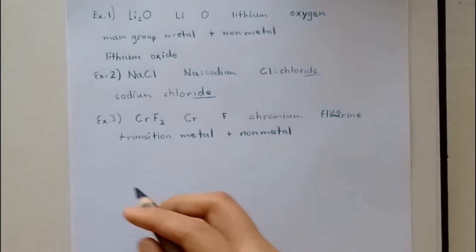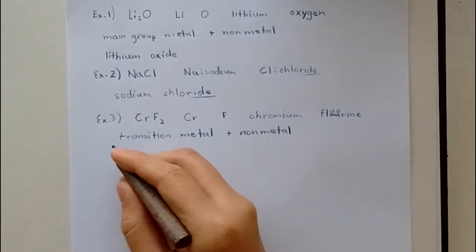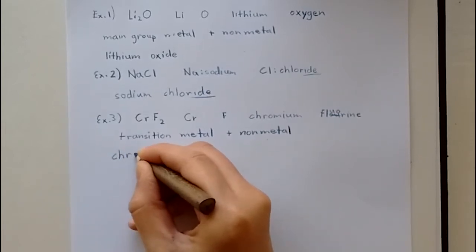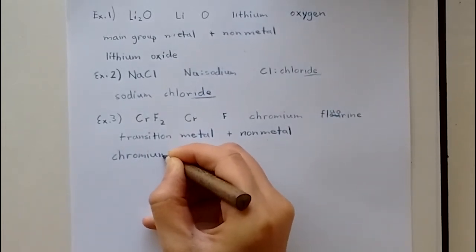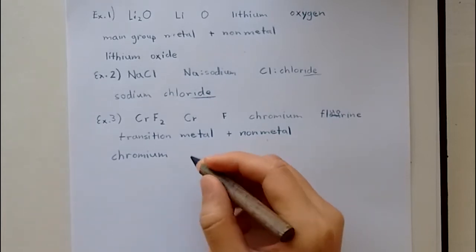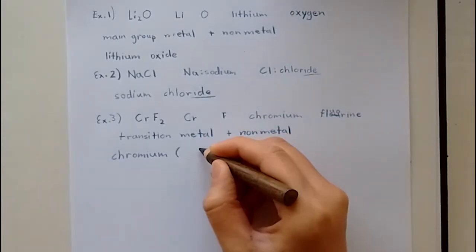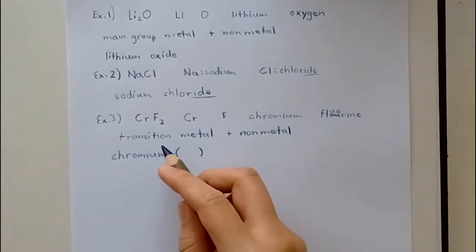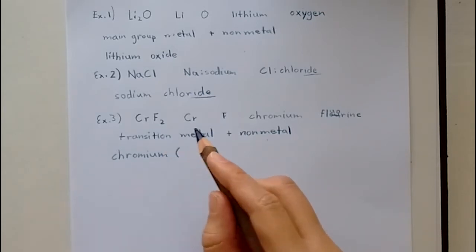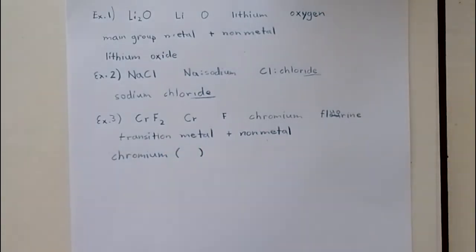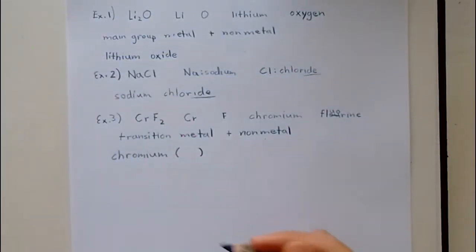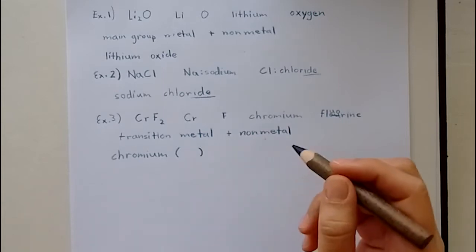In this case, as we saw from earlier, we write the full name of the transition metal, so chromium. And because it is a transition metal, we have to place its charge in Roman numerals inside of these parentheses. The charge of fluorine here is -1, and we have 2 of them.